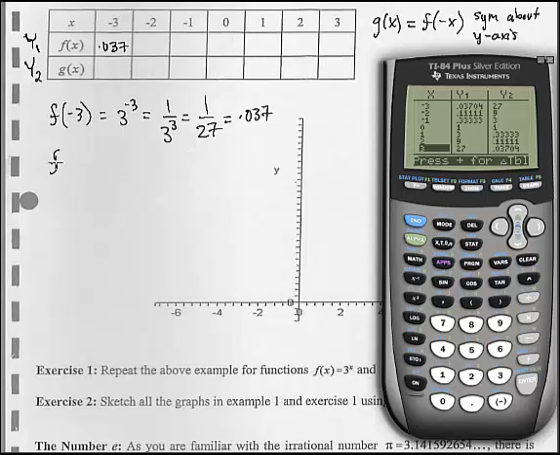F of negative 2 would be 1 over 3 to the second power, or 1 over 9. And from the table we see that 1/9 is 0.11111, easily verified with your calculator. Still very small.